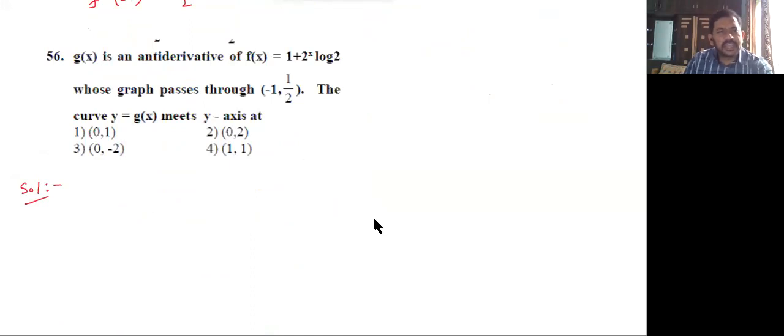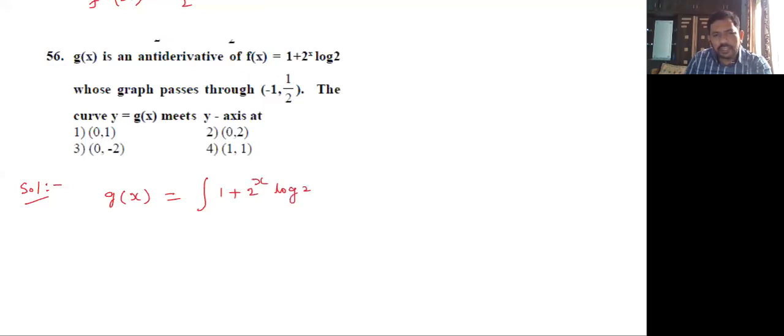A small correction: g of x is equal to the antiderivative of f of x, and f of x value is 1 plus 2 power x log 2.